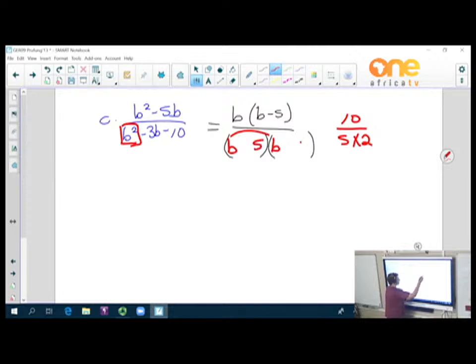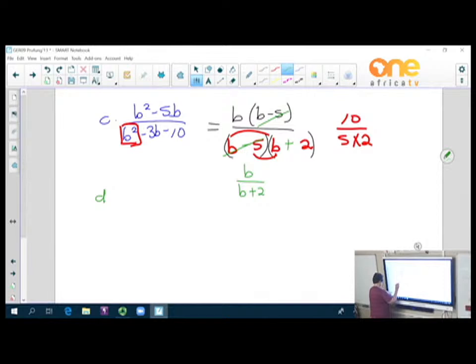So it is a 5 and a 2. Signs differ. The biggest combination, which is this one, is negative, and that one is positive. And now we can cancel. This will cancel out. So b over b plus 2.